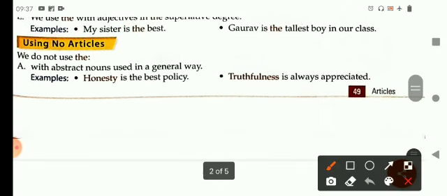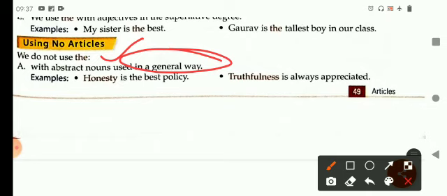We do not use the with abstract nouns. Here we use them in a general way. For example, honesty is the best policy. Truthfulness is always appreciated.